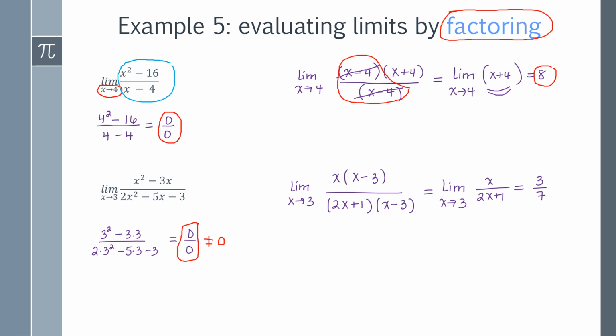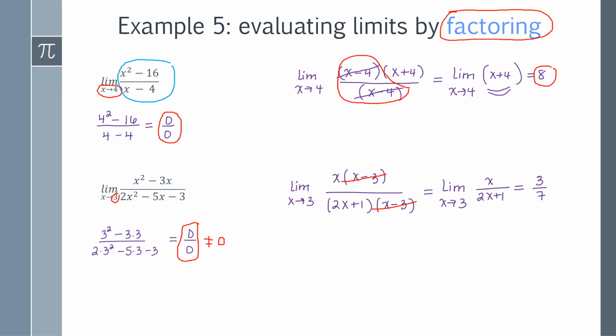We factor x on the top, so this becomes x times x minus 3. On the bottom, we have 2x plus 1 times x minus 3. Notice that we do get a common factor, so x minus 3 cancels. That's our removable discontinuity. Now we have a nice expression, x over 2x plus 1, which we can evaluate at 3.